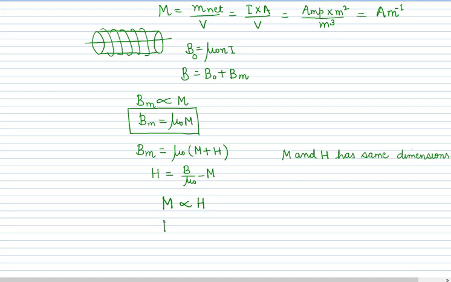So we introduce a new constant known as xi. So M is equal to xi H. This is known as magnetic susceptibility. Mu naught is the magnetic permeability, and xi is magnetic susceptibility.